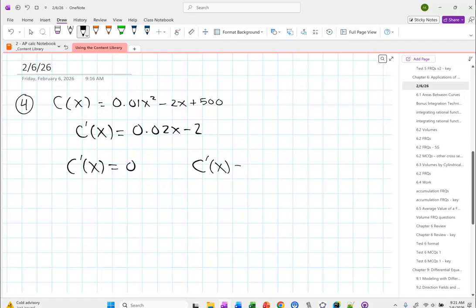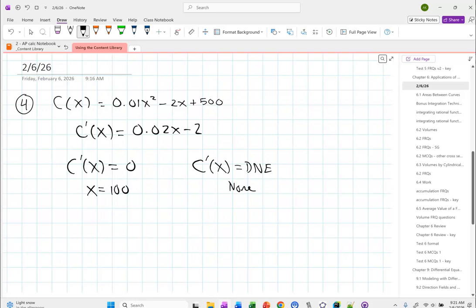And also look for where it does not exist. So where does this derivative fail to exist? Nowhere. Why? Because it's polynomial, right? Perfect. And then this, I'm just going to add over the 2 and then divide by 0.02.